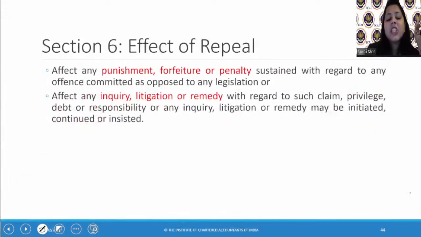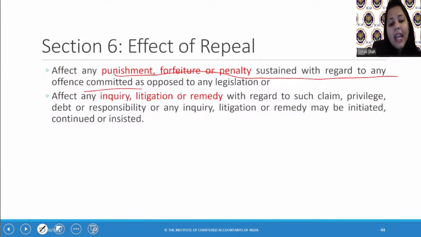Correct? Repeal shall not affect any punishment, forfeiture or penalty sustained with regard to an offense committed. So let's say there is an offense for which there was a punishment of 7 years in the 1956 Act, but it is 10 years in the Companies Act 2013.